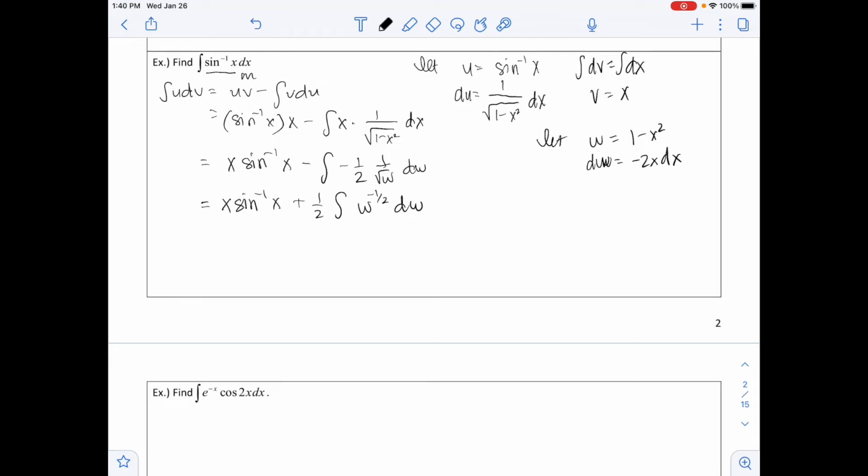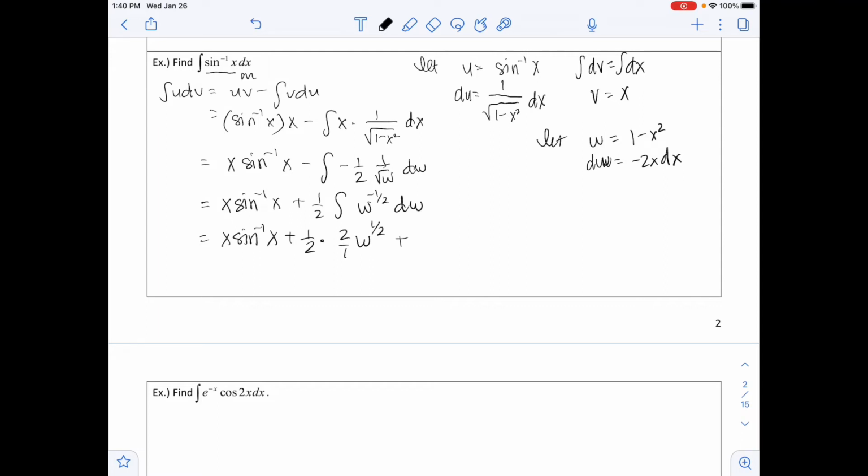This is a nice problem to now integrate. Just remember that your original variable was x, and right now I have an expression that's written in terms of x's and w's. So I have x sine inverse of x plus 1/2 times, and I'm going to add 1, divide by that same value, so I get w to the positive 1/2 times 2 over 1.